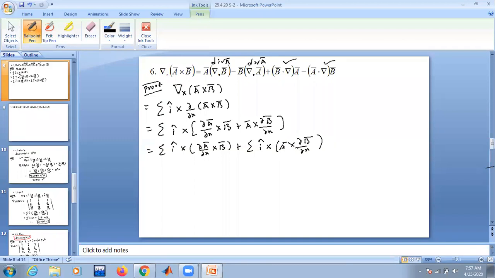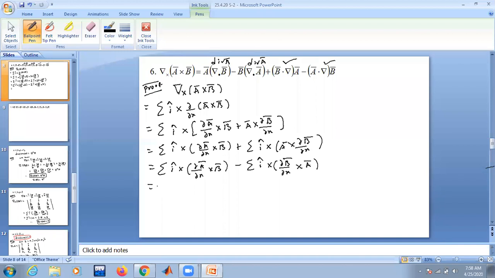Am I right? And I can bring that minus outside the summation. So I can write it as sigma I cross dou a bar by dou x cross b bar minus summation I cross dou b bar by dou x cross a bar. Okay. Because I interchange the order, I multiplied with minus 1.